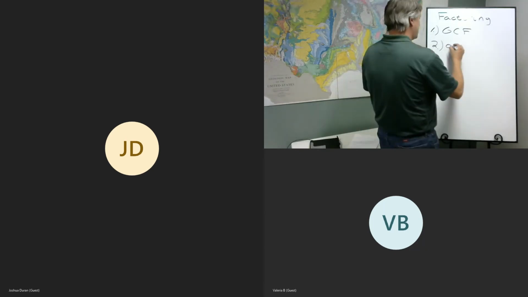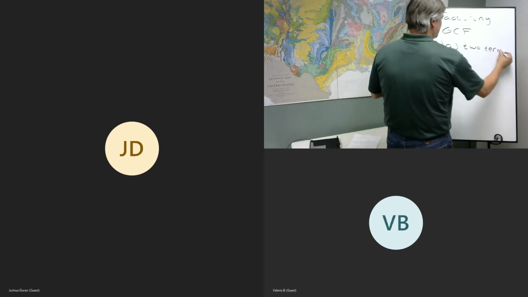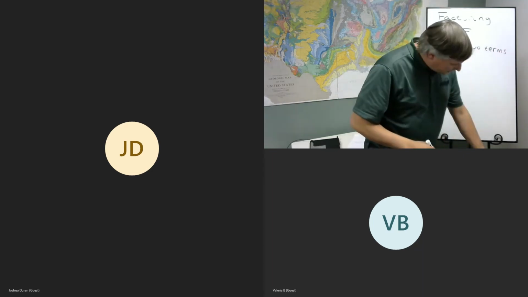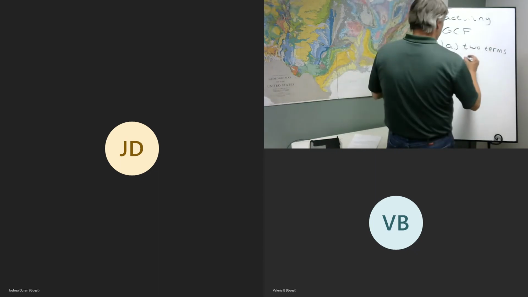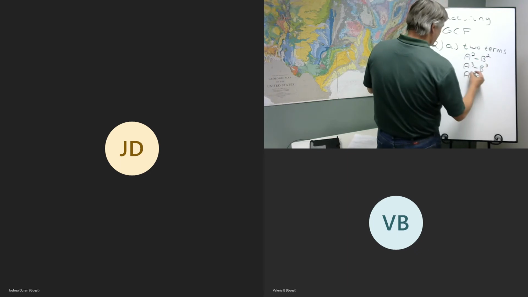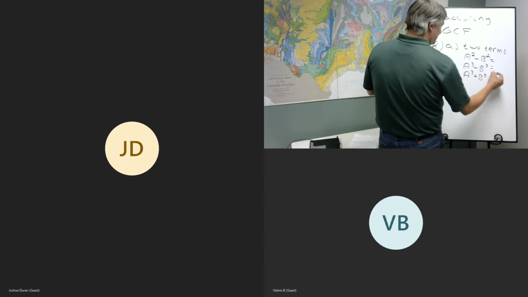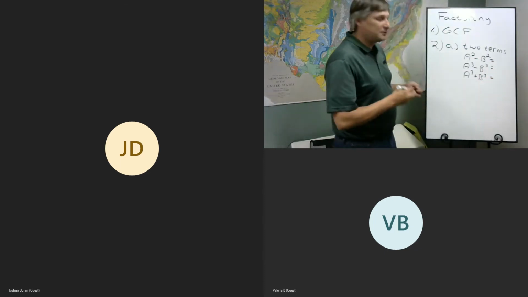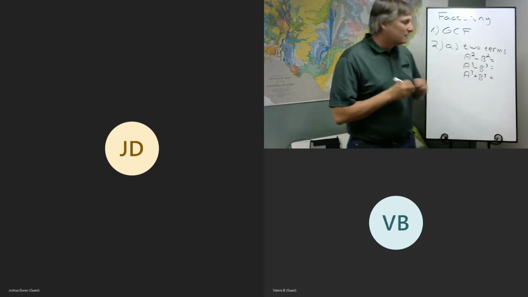So first off, if there are two terms, we're going to use those special forms. So you have your a squared minus b squared, a cubed minus b cubed, and a cubed plus b cubed. And these are equal to some expressions that we can use to help factor these out.